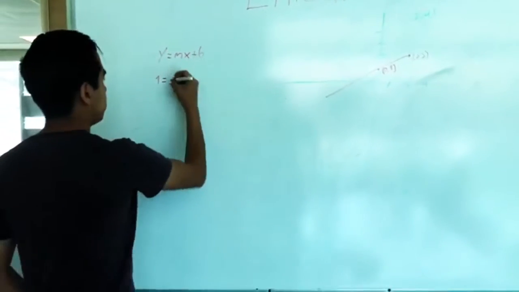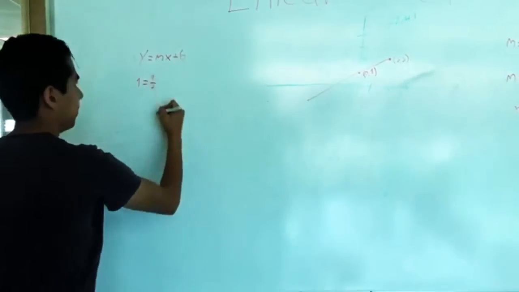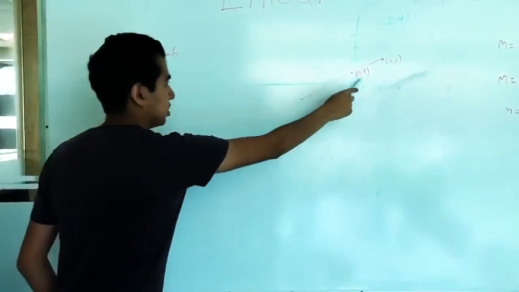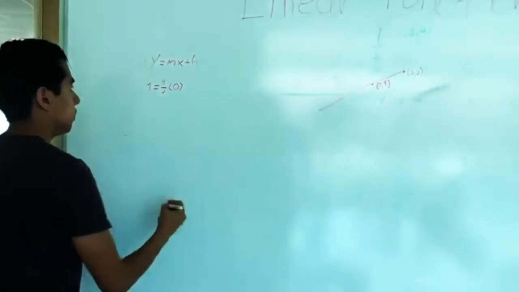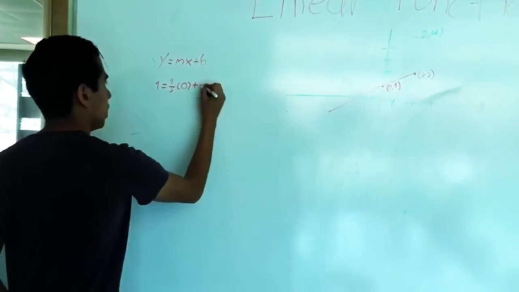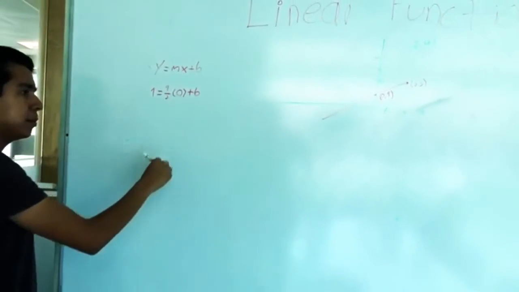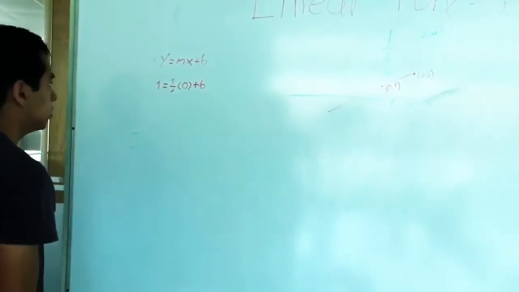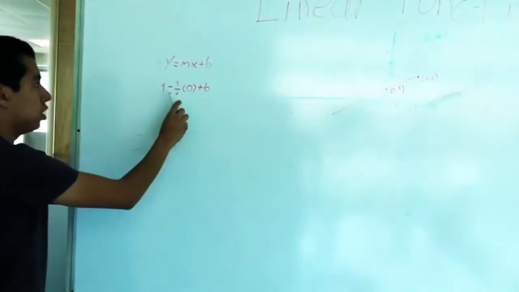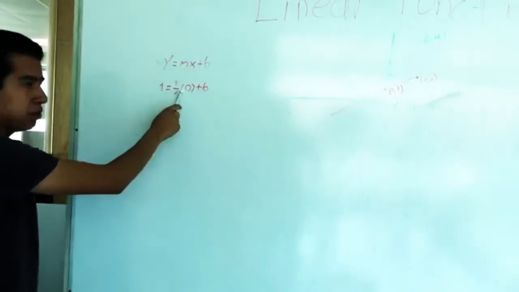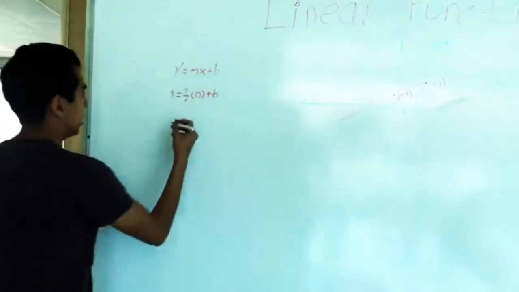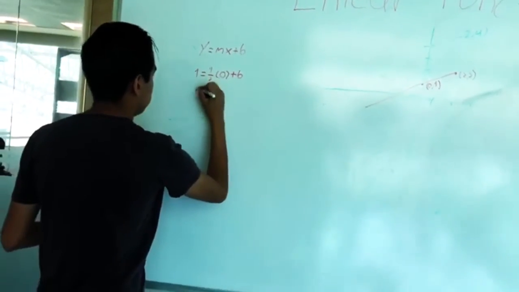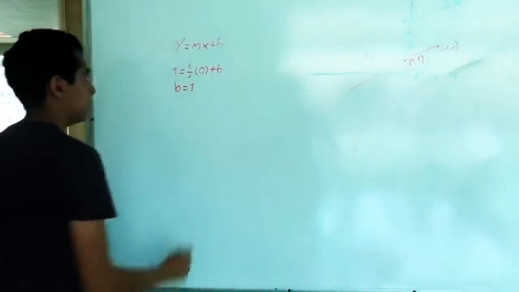We know that m equals 1/2, and we know that x here equals 0. So we are going to find b by performing this operation. Here the half is multiplied by 0, so we know that the result of this will be 0. And so this will be b equals 1.